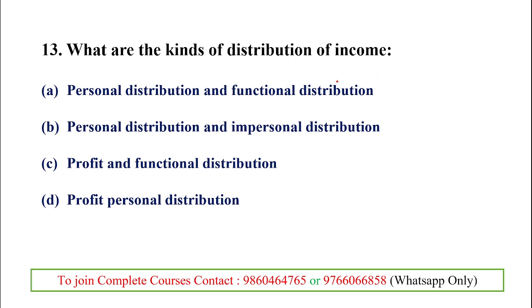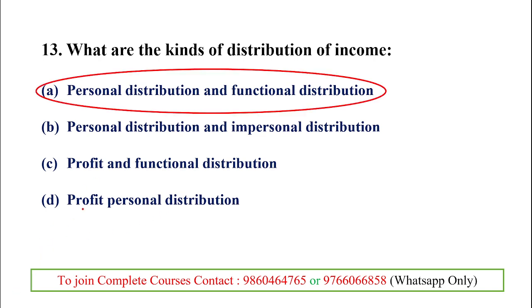The next question related to this: what are the kinds of distribution of income? Here the kinds mean which form or type the distribution of income takes. Whether it's personal and functional, or personal and impersonal, or profit and functional. There are two important distribution types: personal and functional.